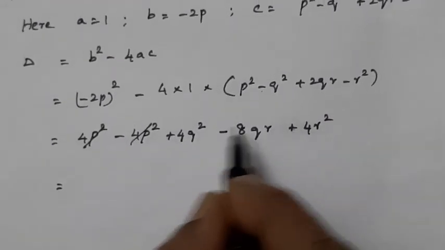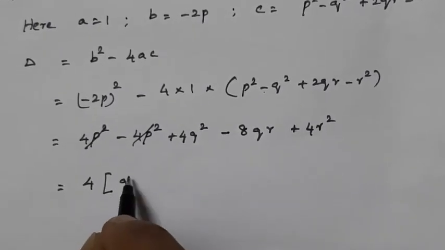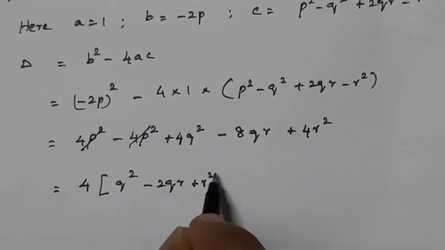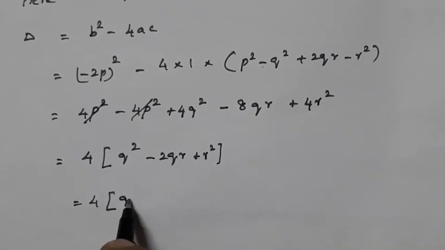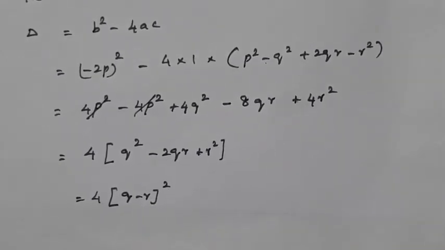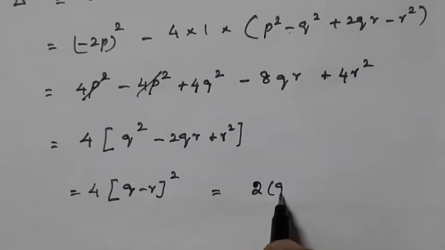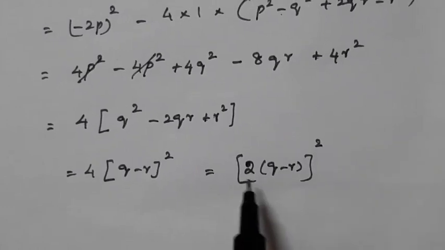Among the three remaining terms, let us take 4 common outside, so that you will have q squared minus 2qr plus r squared inside. So this is nothing but (q minus r) the whole squared. So we can write this as 4 into (q minus r) the whole squared, which is a perfect square.